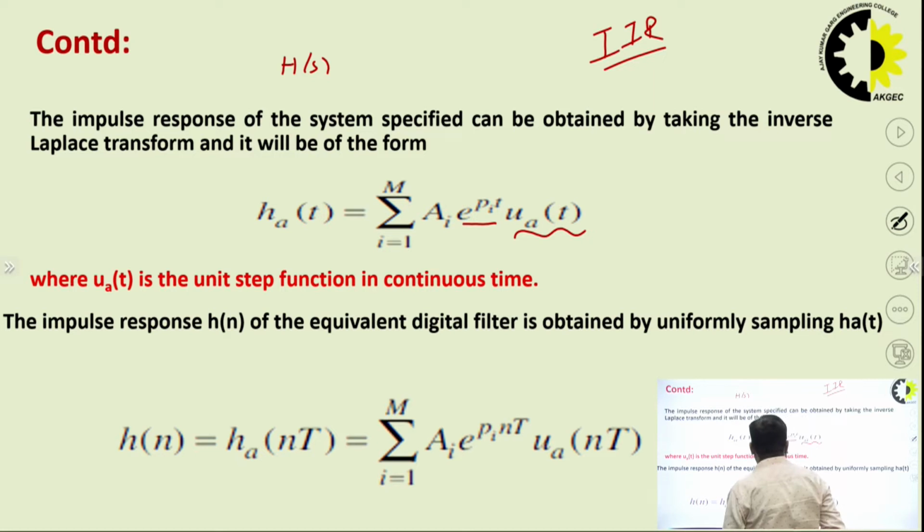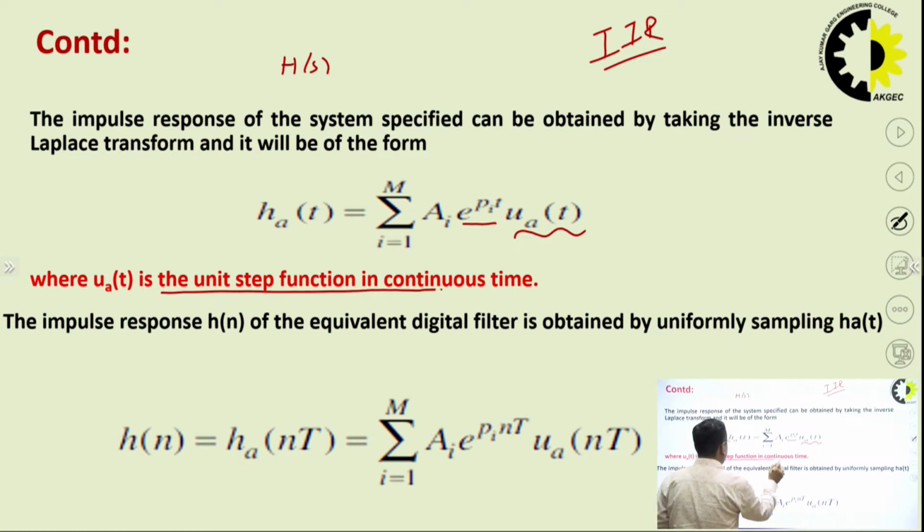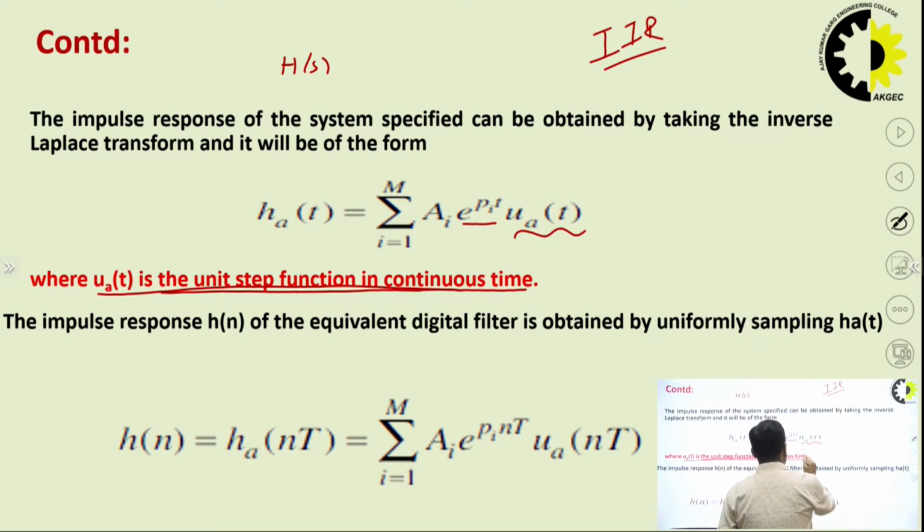So u of t is the continuous unit step function, whose value will be 1 from 0 to infinity. If I am associating this one, it will be applicable in IIR. That's why I am associating u of t. Okay. So the first step I have completed here.